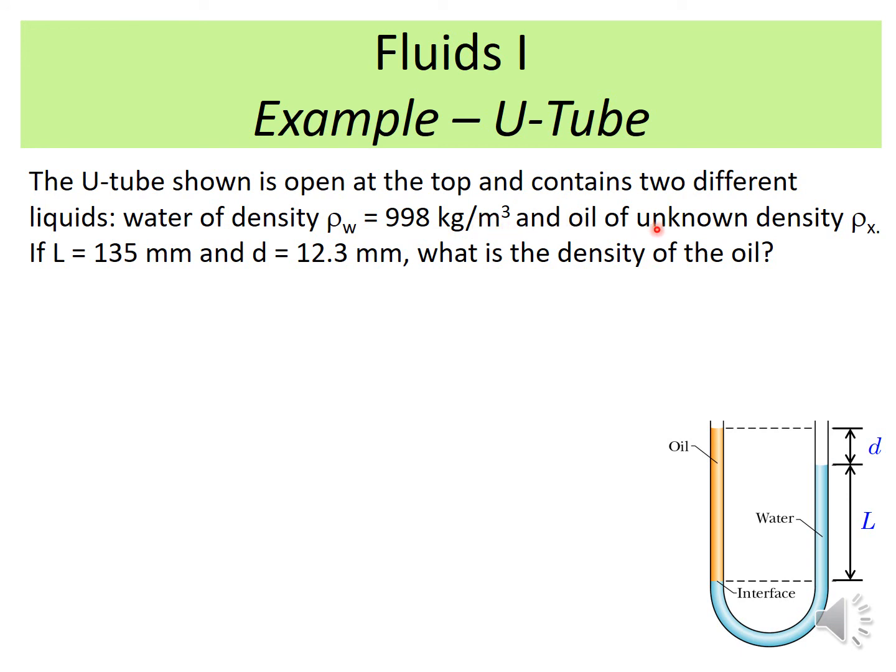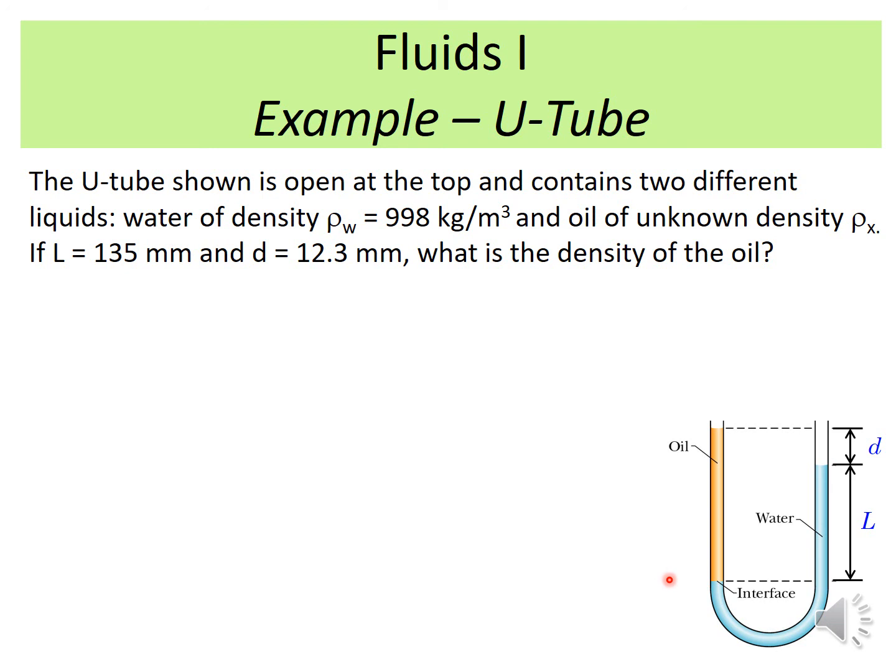And for the oil, we have an unknown density. We have the height L given here. This is the height between the water-air interface and the interface between the water and the oil. And we also have D given, which is that distance here. And we are asked for the density of the oil.